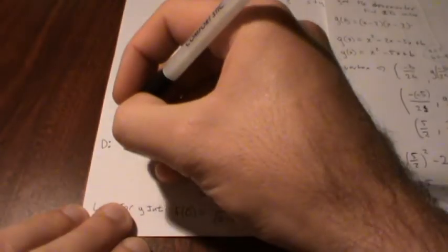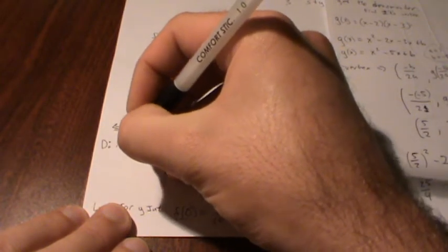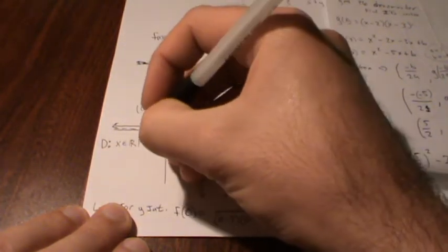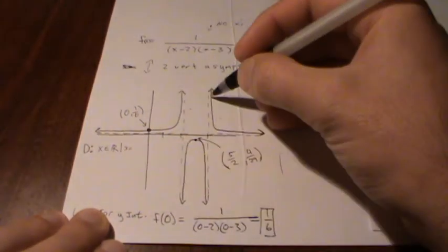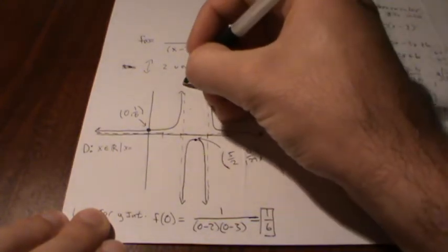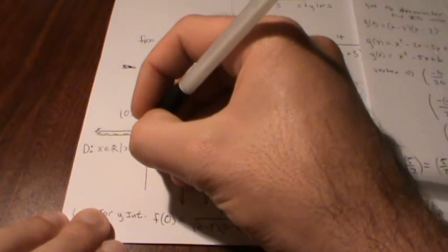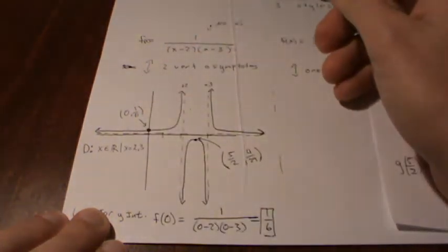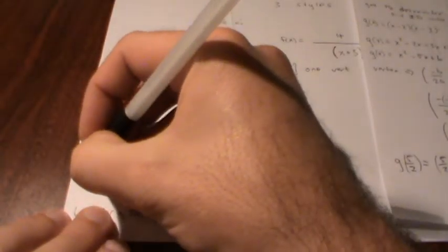The domain is x is a real number, but x cannot equal this value and this value, which we decided before was a positive 2 and a positive 3. So 2 and 3. X cannot equal this, or that's the domain.